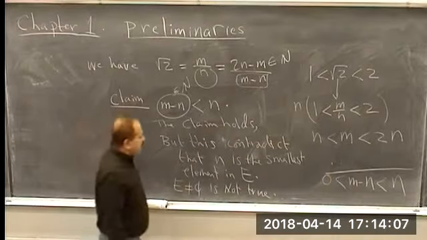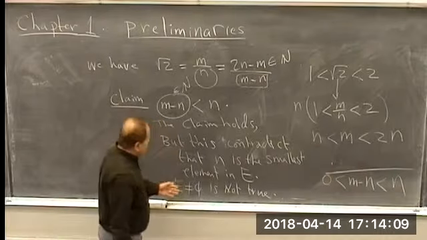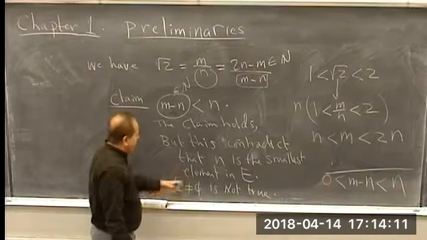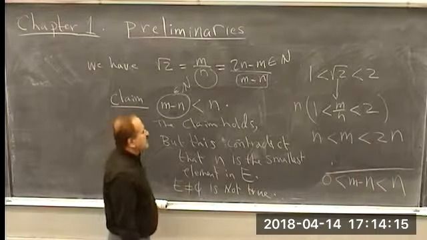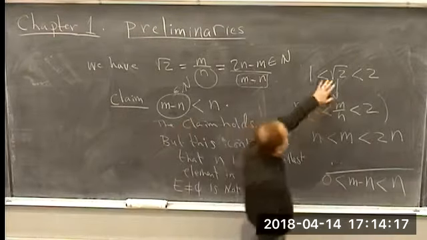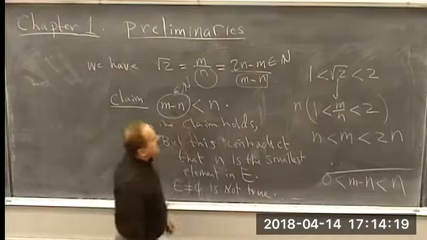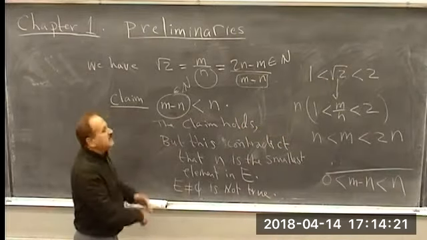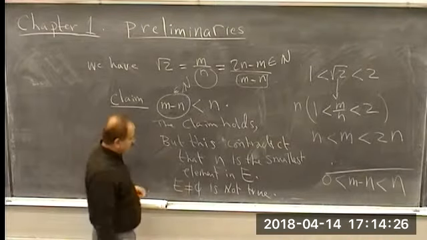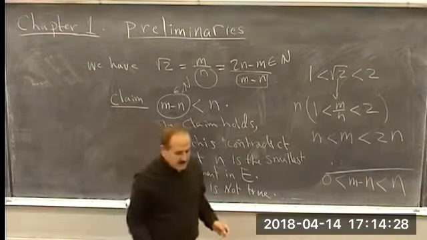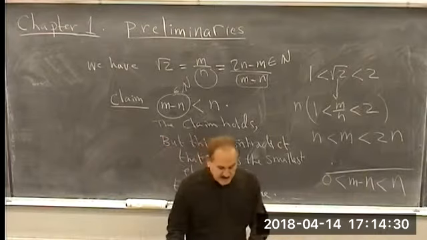This means that the way we made E to be not empty was by assuming that the square root of 2 is equal to A over B from the very beginning. All right, and this proves that the square root of 2 is not a rational number, or it is an irrational number.